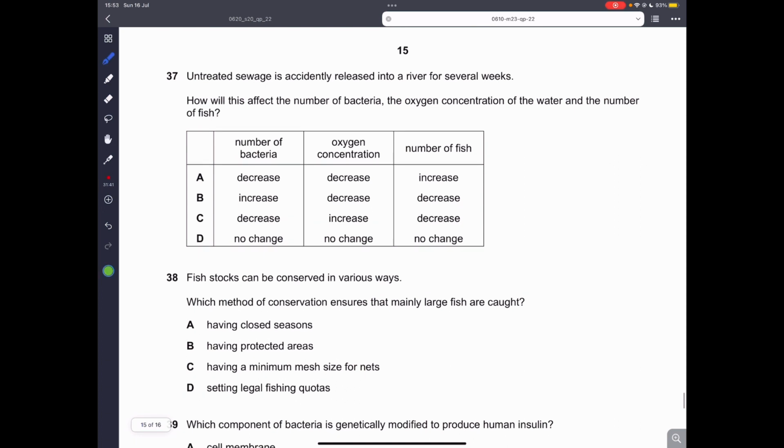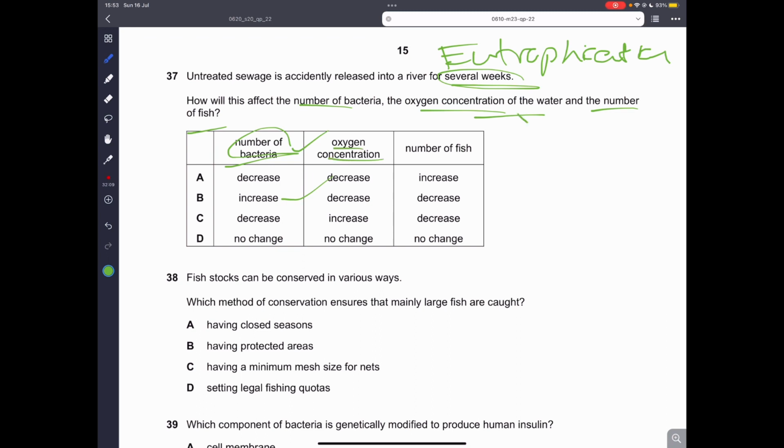37. Untreated sewage is accidentally released into a river for several weeks. How will this affect the number of bacteria, the oxygen concentration of the water, and the number of fish? So this is basically asking about the eutrophication process. The number of bacteria inside sewage is obviously going to increase.